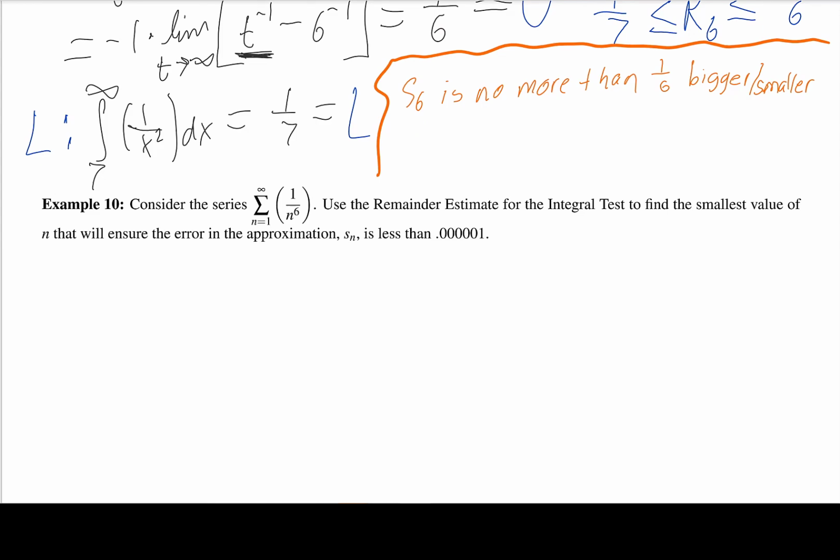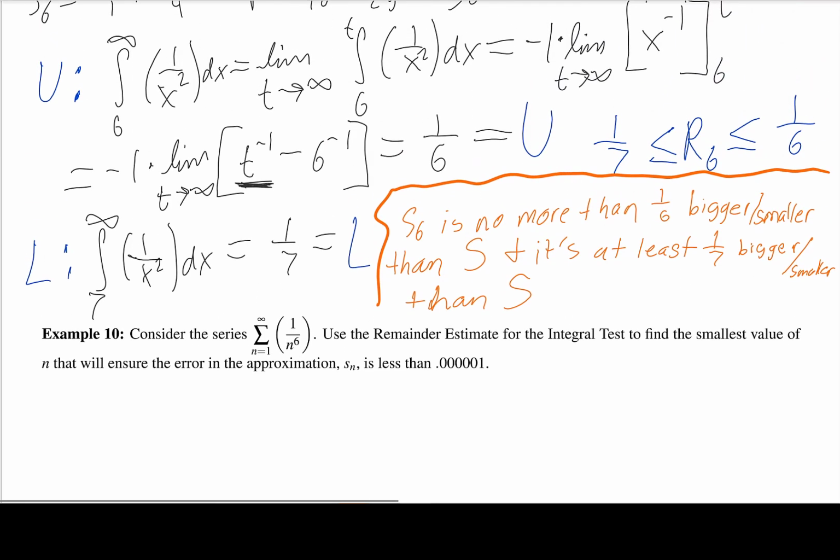So it's no more than 1/6 bigger slash smaller than the sum S, and it's at least 1/7 bigger slash smaller than S. I'm not sure if this will show up in the WebAssign, but I just want to give you an interpretation of what these upper bounds and lower bounds tell us.